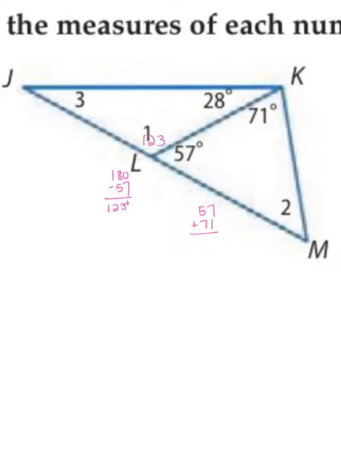And then I'm going to subtract that sum, which is 128, from 180. When I subtract that 128 from 180, I'm going to get 52 degrees for angle 2. Now to find angle 3, I can either use triangle JLK or I can use the big triangle JKM. So I'm going to add 123 and 28, and I'm going to subtract that 151 from 180, and that gives us 29 degrees up here.